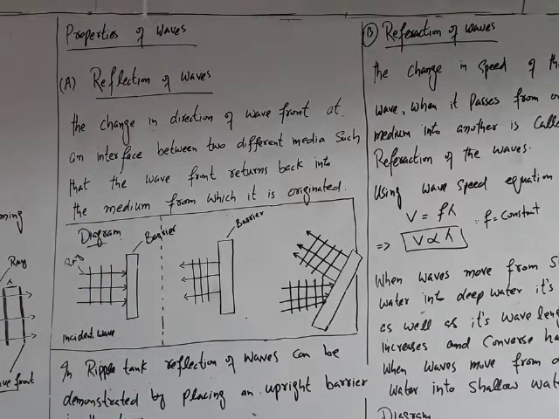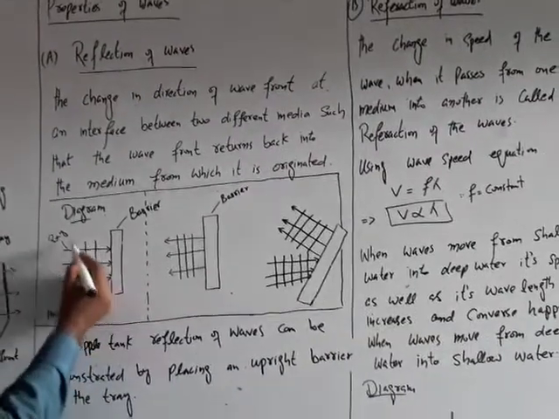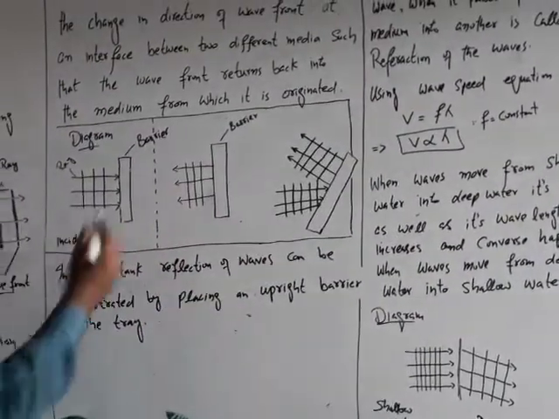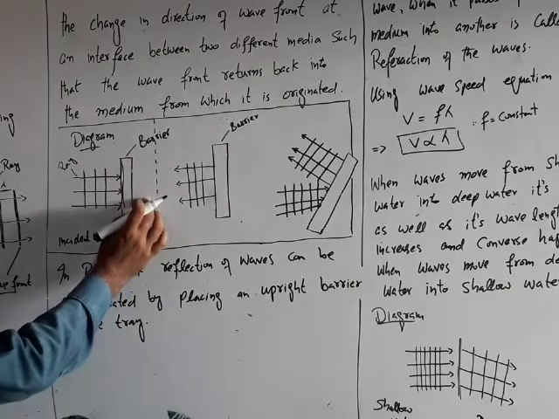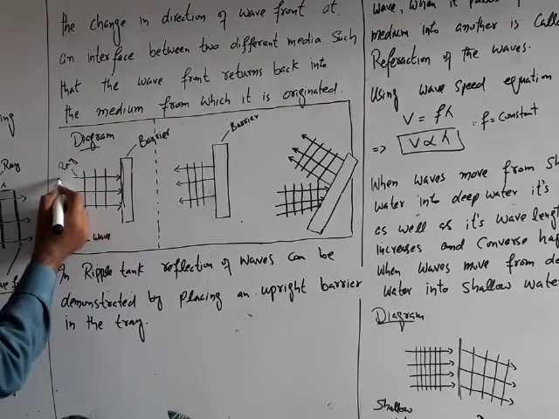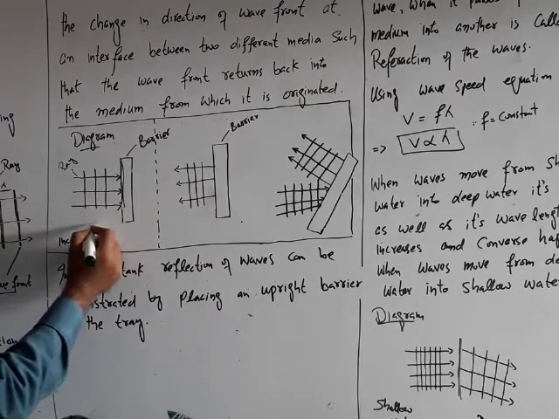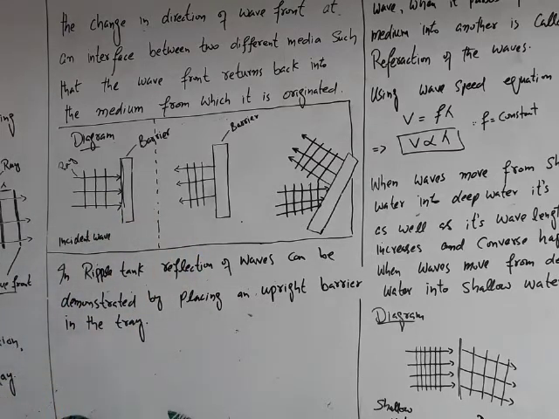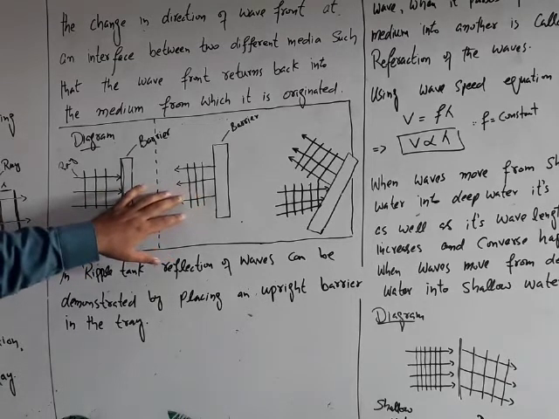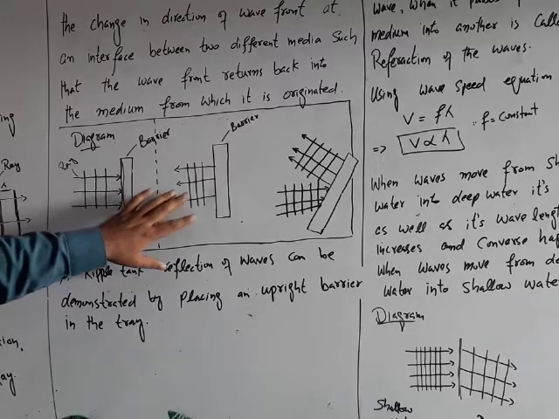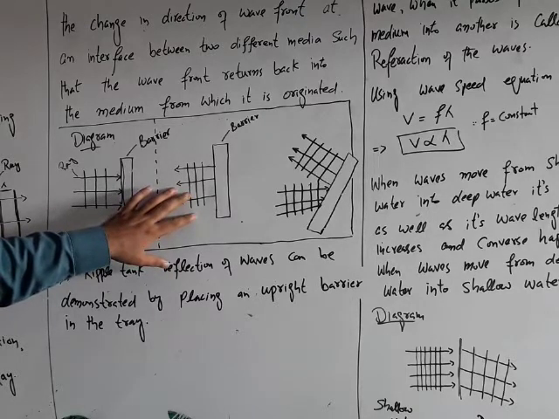Here consider a wavefront and a ray, and this is an obstacle, or we can say this is the barrier. When a wavefront is incident on the barrier, striking the boundary between the two media, the wavefront bounces back to the first medium from which it originated. This process is known as reflection of the wave.